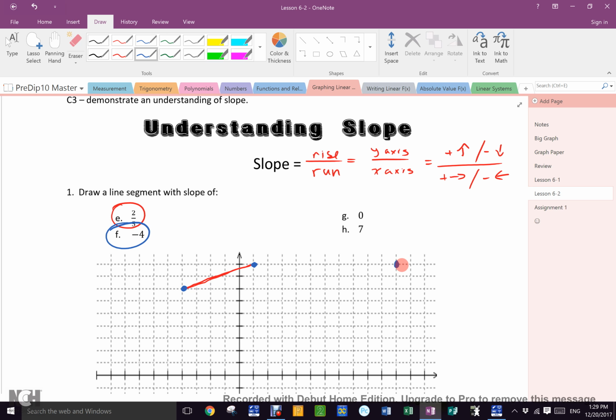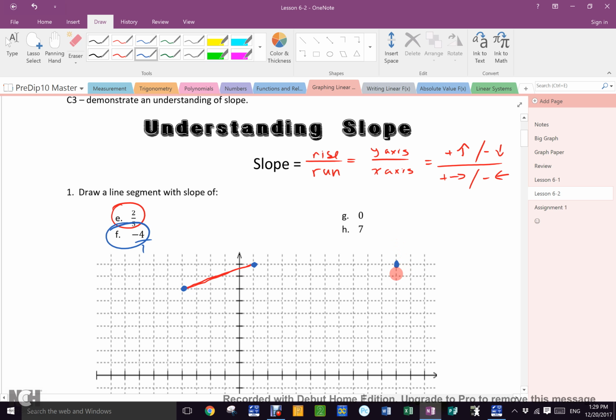What? Mr. Myers, slopes have rises and runs. There's nothing in the denominator here. Dun, dun, dun. There is. What is it? 1. Graph it. For me, I need to go down 4, because if I go up, I'm off the graph. And was I allowed to expand the graph?